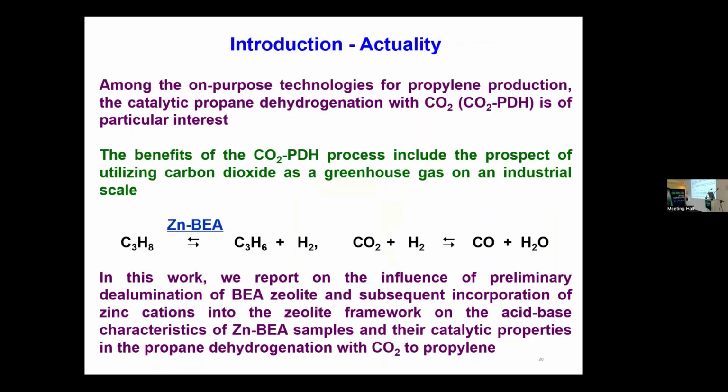So why such an application? Because among the on-purpose technologies for propylene production, catalytic propane dehydrogenation with CO2 is of particular interest, as you know, because of the problem of CO2 as a greenhouse gas on the industrial scale.